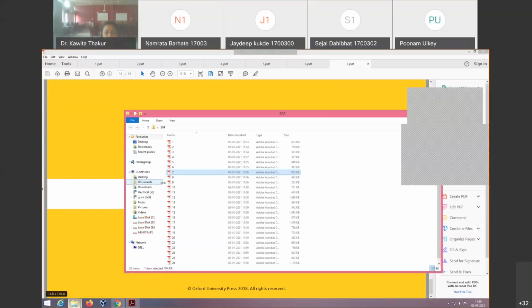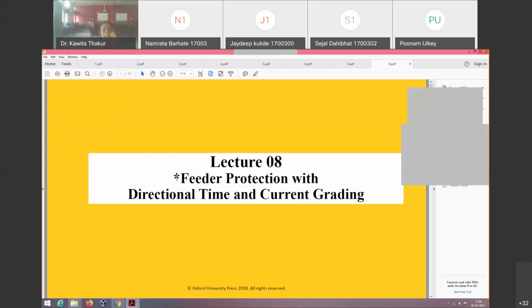Now in our eighth lecture, we have applied the current graded scheme and time graded scheme to the equipment, that is feeder protection with directional time and current grading.